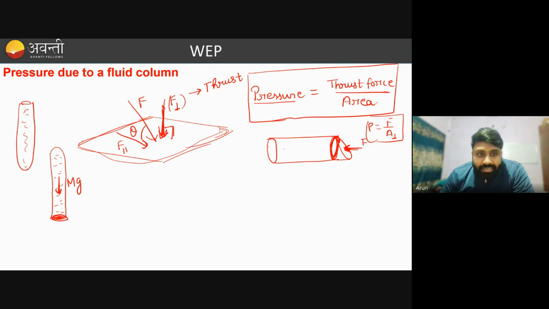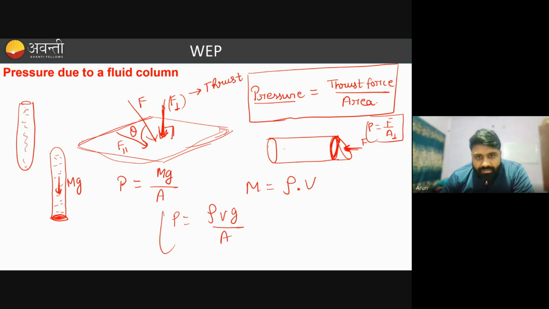Now this force is acting perpendicular to this area. So we can say that this is the pressure development here, which is given by mg divided by area. Okay. Now if this is a fluid, you can write the mass of fluid as density of the fluid multiplied by the volume. So you can say that it is rho V g per unit area. Got it? This is the pressure.